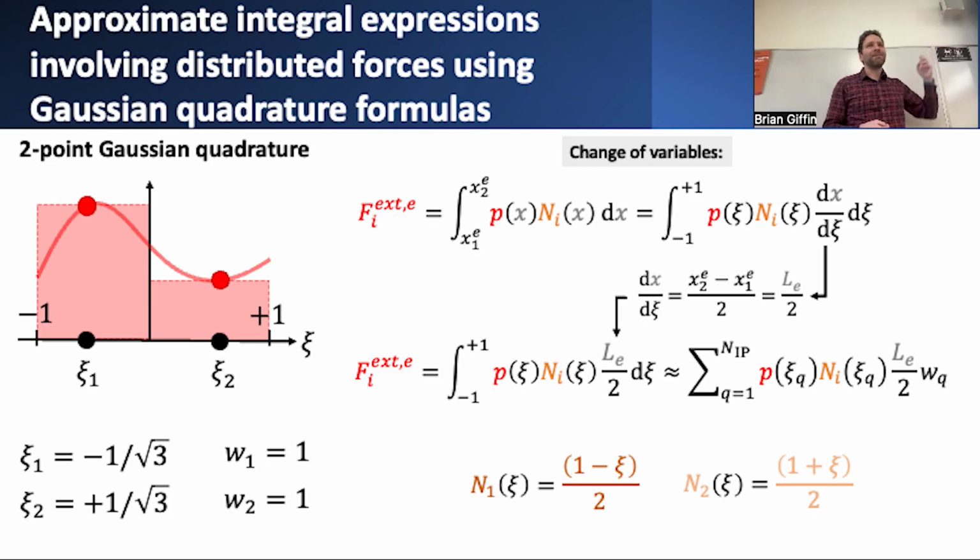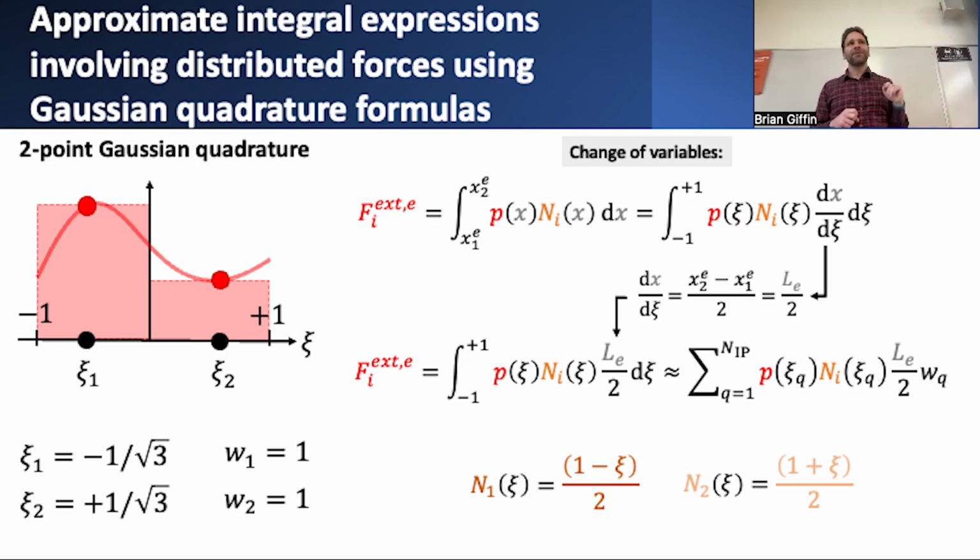So instead, I could come up with an equivalent approach to the way that we attacked the problem of integrating stiffness contributions, to instead just use this concept of numerical integration, Gaussian integration. To do this, I have to first transform my integral, which is expressed in terms of the global coordinates of the structure. It's an integral over x1 to x2 for a particular element of interest.